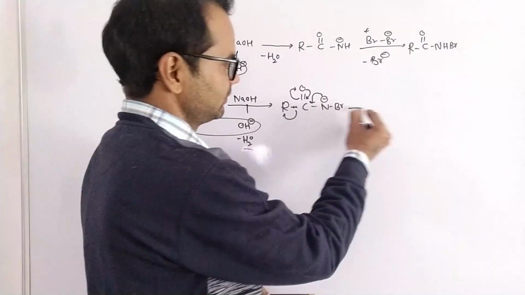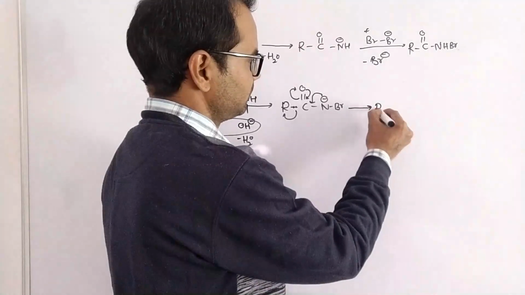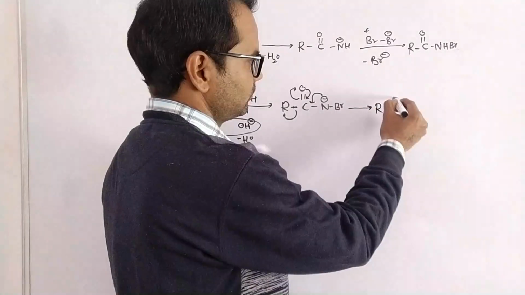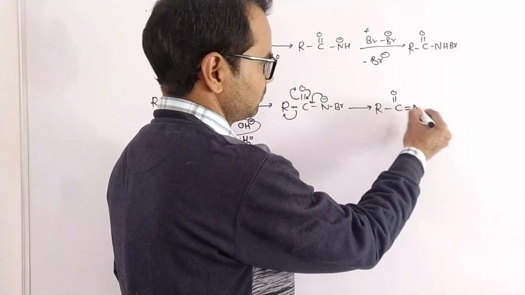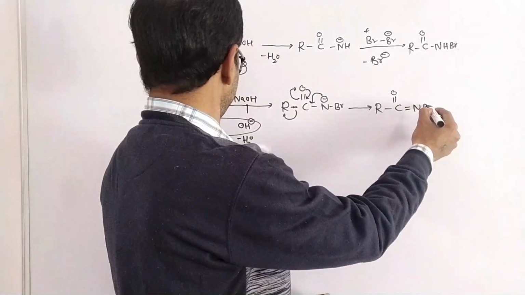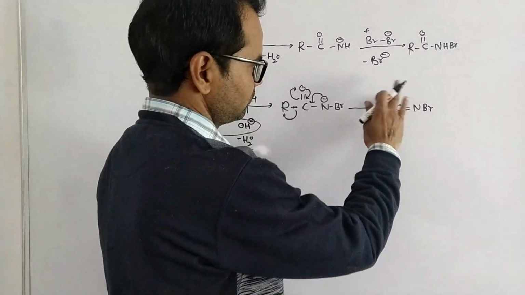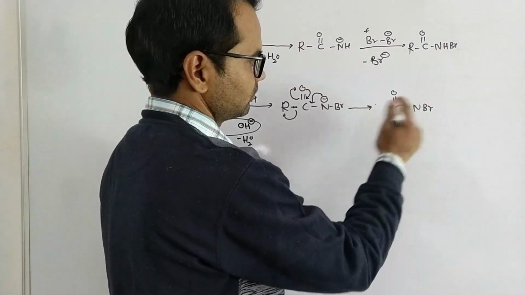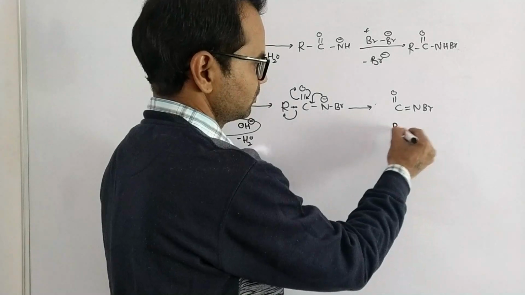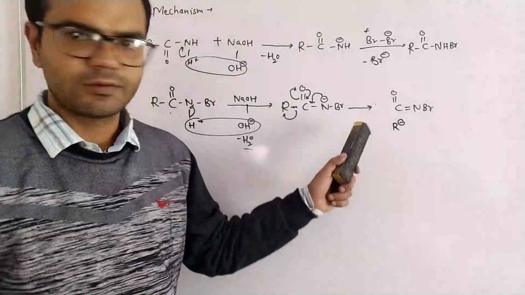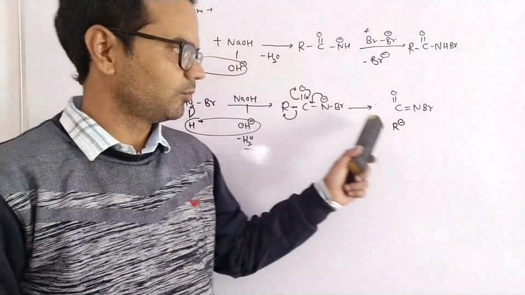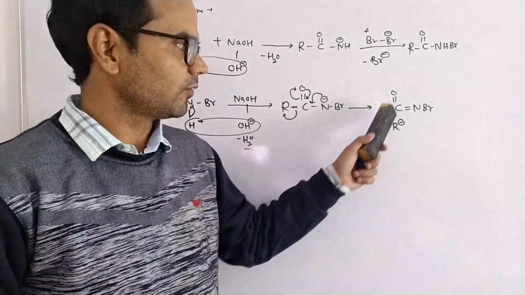So now we have this structure, with the alkyl group containing a negative charge separating from the compound.